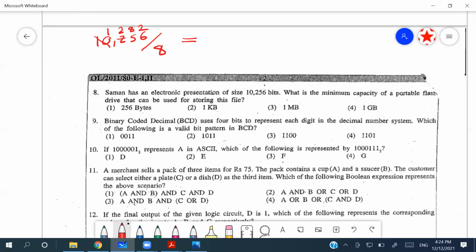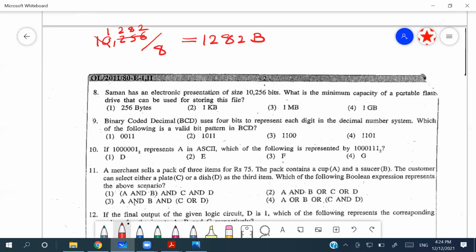So 1282 bytes, right? And you know 1 kilobyte has 1024 bytes. So this is a little bit bigger than 1 kilobyte.